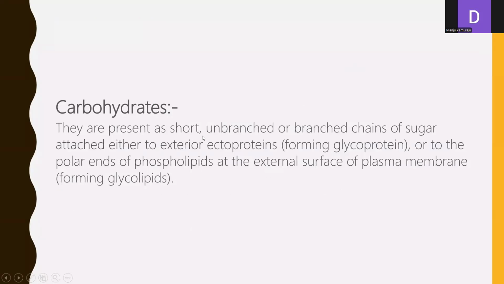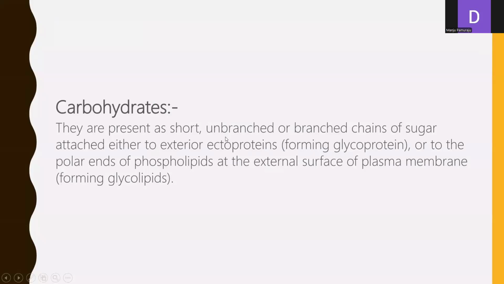Carbohydrates are present as short, unbranched or branched chains of sugars attached to the exterior ectoproteins, forming glycoproteins, and to the polar ends of the phospholipids at the external surface of the plasma membrane, forming glycolipids. So carbohydrates are of two types, glycoproteins and glycolipids.